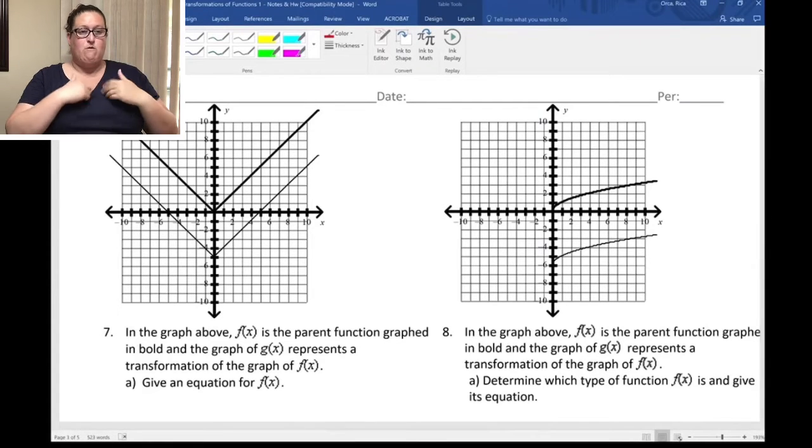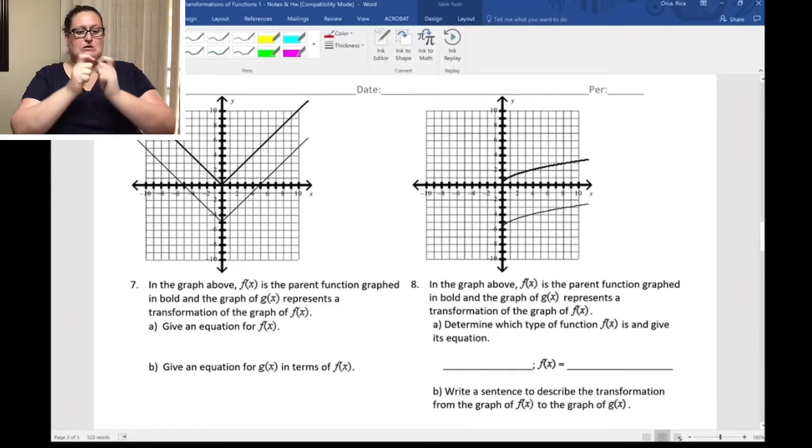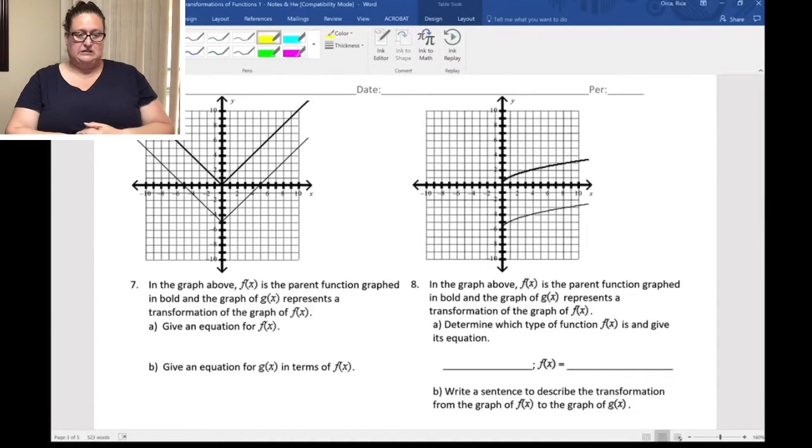We have problem 7. In the graph above, f(x) is the parent function, graphed in bold, and the graph of g(x) represents a transformation of the graph of f(x). Give an equation for f(x), and give an equation for g(x) in terms of f(x). So here's our graph.